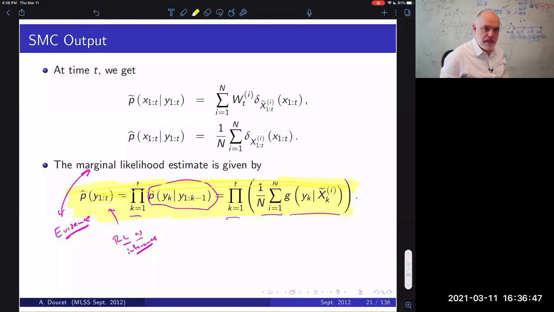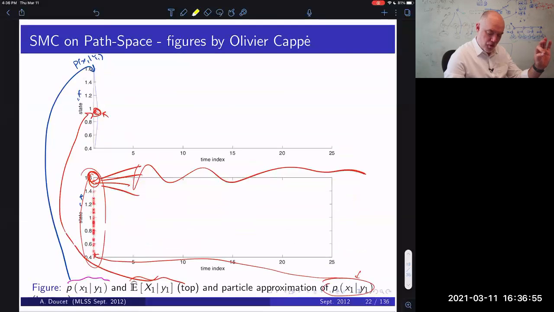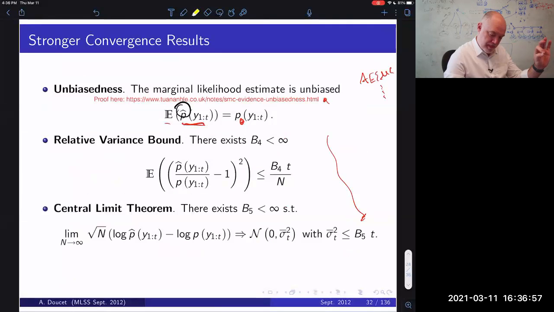Okay. So we can get a marginal probability estimate. The hat is that it is not the true marginal probability, right? All we know is that it's unbiased and it has variance and there's a central limit theorem and that sort of thing.